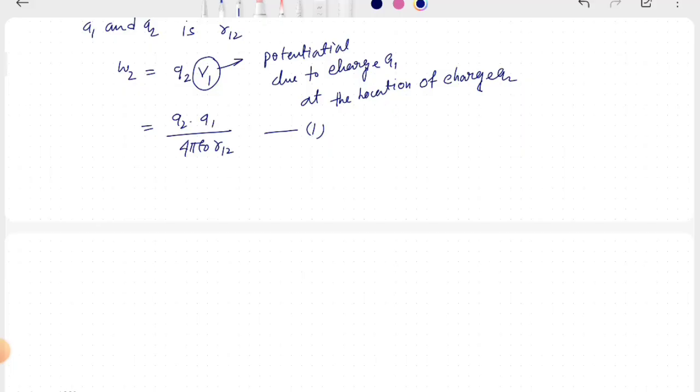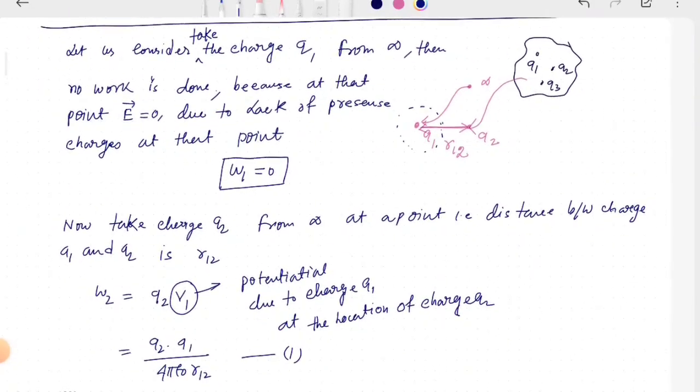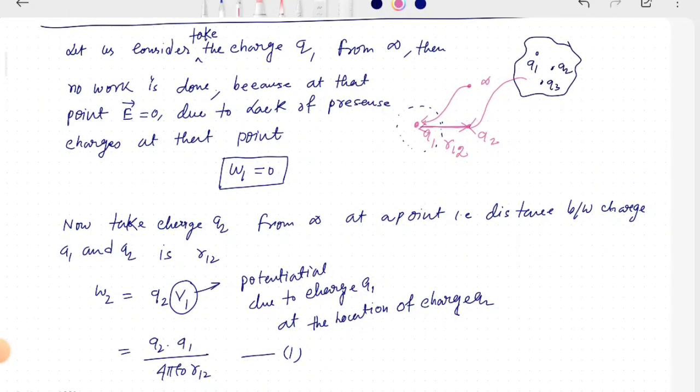Now take charge Q3 from infinity to that point. Now take this third case.